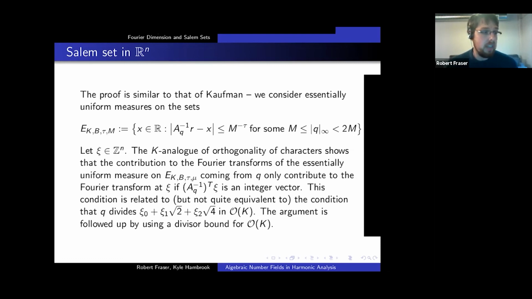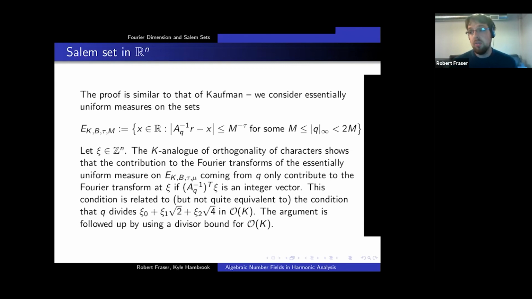I'm just going to end by saying that I think that there are lots of problems in harmonic analysis where you get an advantage by equipping, say, the reals or R2 with a multiplicative structure. Often on the reals, you'll just want to consider the usual multiplication.